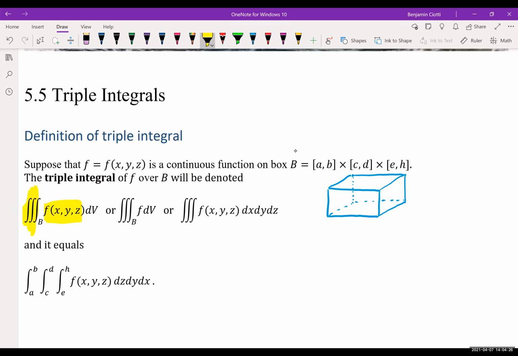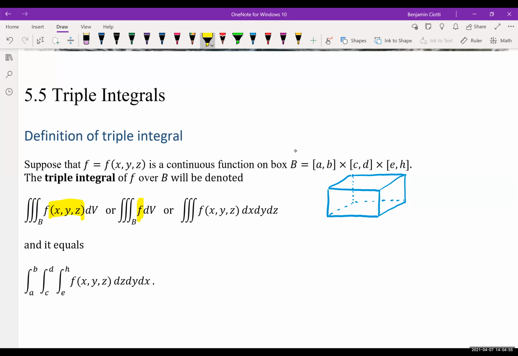The argument is the function, and we write dV as in differential volume element. Previously, we wrote dA for a double integral, so we write dV, or we might write dx, dy, dz. And you can see we sometimes suppress the argument of the f instead of writing it all out.